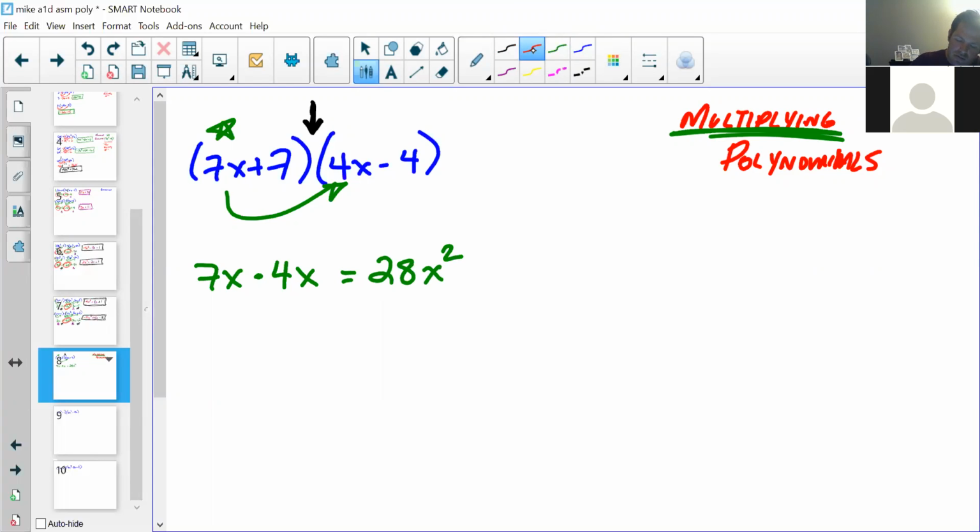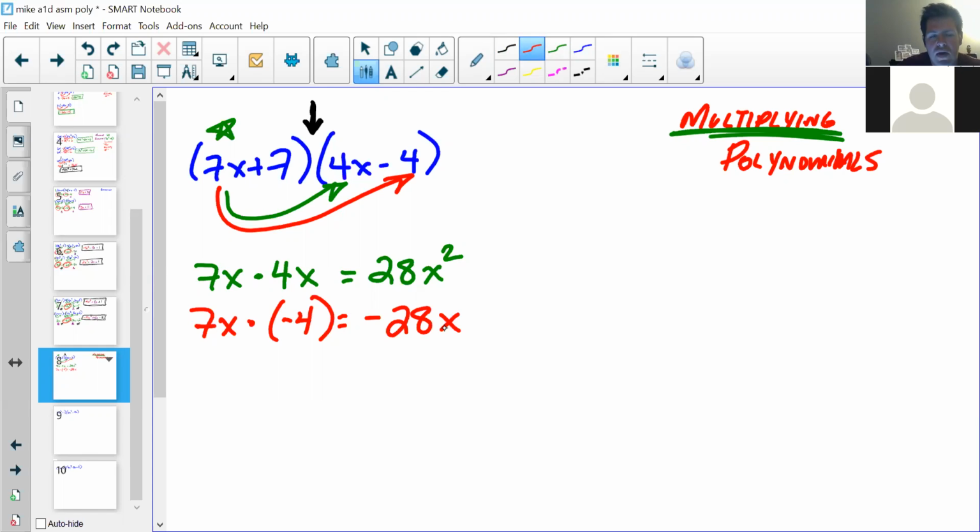I'm then going to take the 7x and distribute that also to the second term in that parenthesis, which is negative 4. So 7x times negative 4. And remember here, we don't need like terms to multiply. We can multiply anything that we want at all in math here.